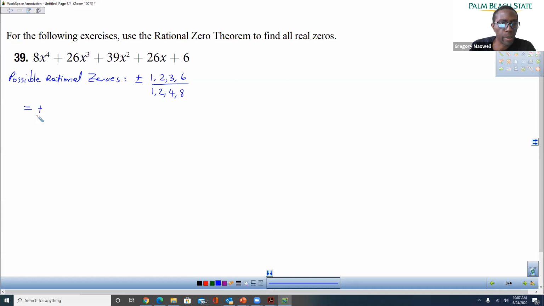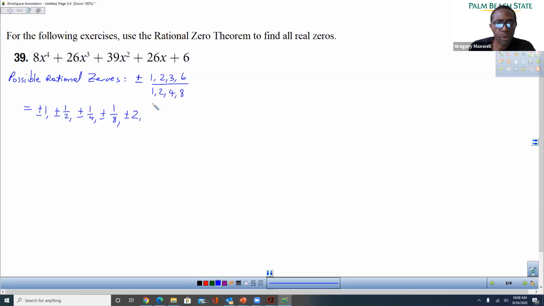So it's plus or minus 1, plus or minus half, plus or minus 1/4, plus or minus 1/8. Next, 2 over 1, 2 over 2. 2 over 2 is already 1, so we already have that covered. 2 over 4 is half, that's already covered. And 2 over 8 is 1/4, that's already covered.